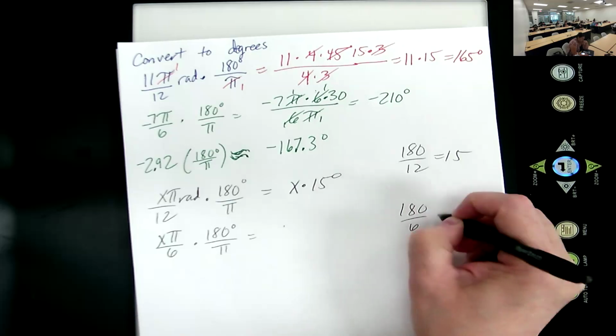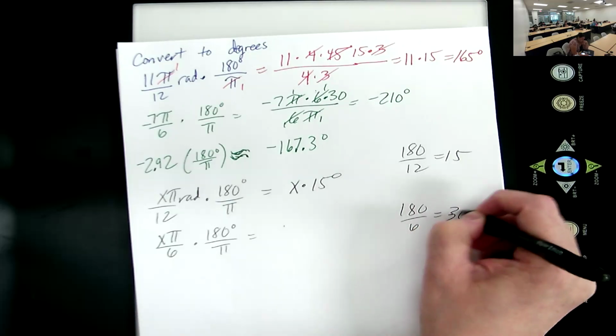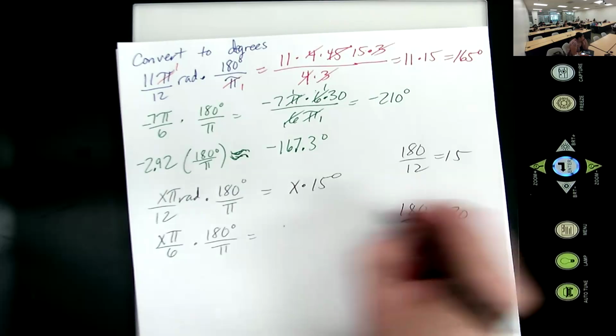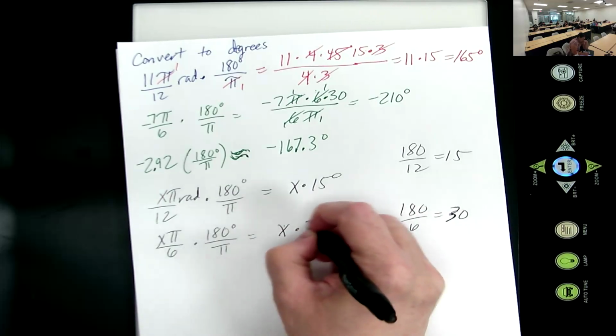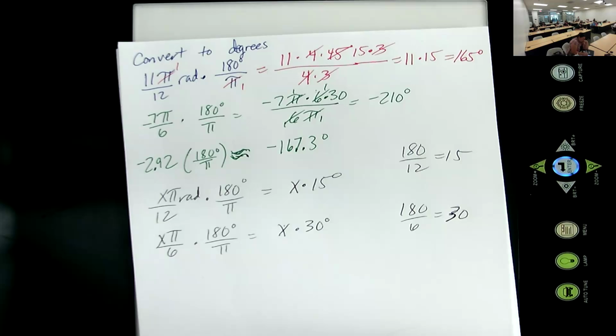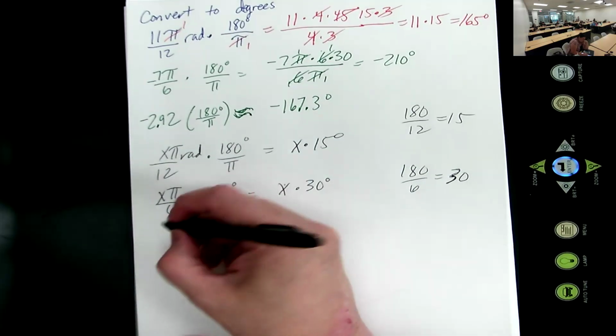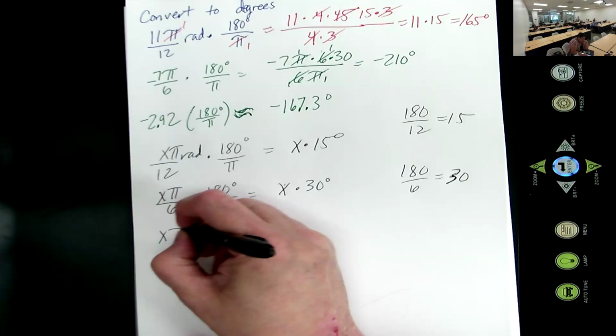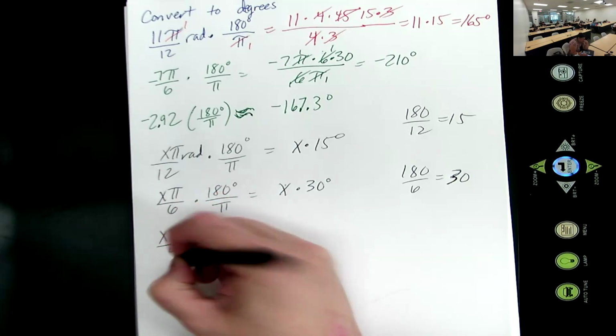Over 6 is 30 degrees. So this is x times 30 degrees. Another common one you'll see is over 4.